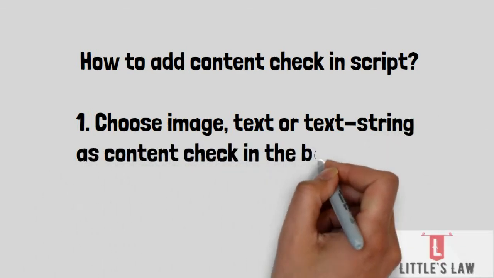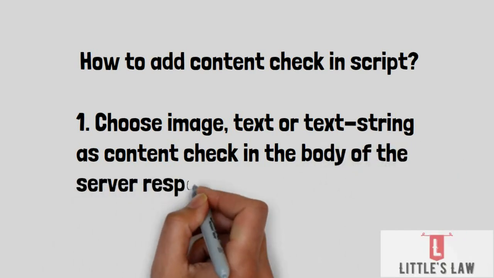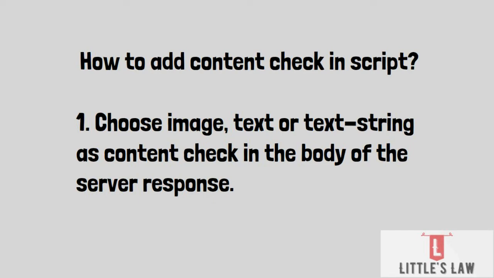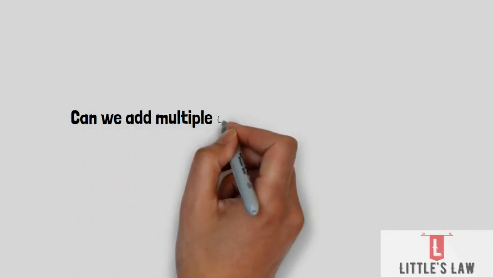So how do we choose the text or image for content checking in LoadRunner? We can choose an image or a text which is unique, or which is what we expect in the body of the server response. This can be a text, a logo or an image in the server response. Now you might have a question: can we apply multiple content checks on a page?